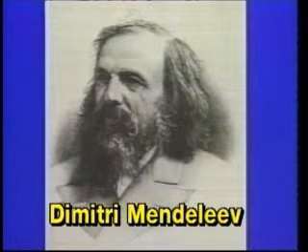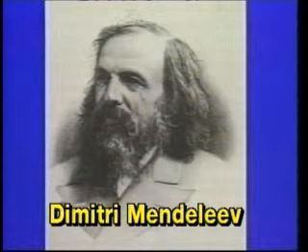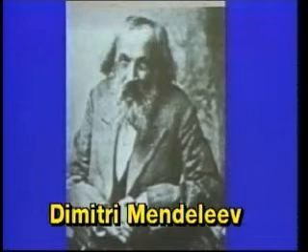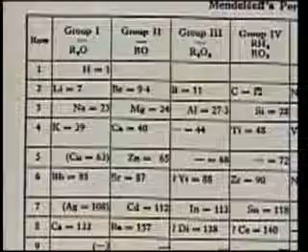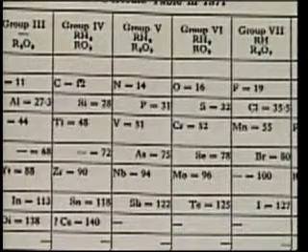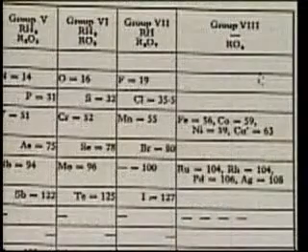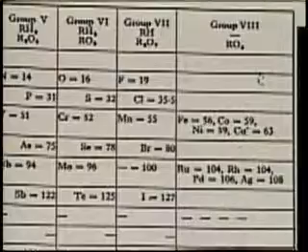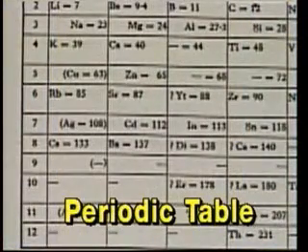A brilliant Russian chemist, Dmitry Mendeleev, arranged the atoms of all elements in the order of increasing mass. He had observed that certain atoms had a pattern of properties that was very similar, and that this pattern repeated itself periodically. The Russian chemist called the listing a periodic table.